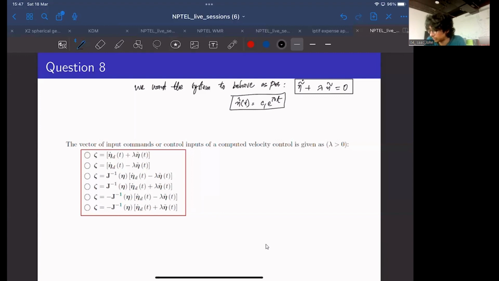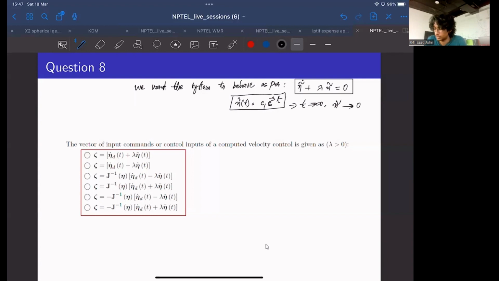So this is how we would want the system to behave, or in this case, it won't be this lambda. There will be some minus st. This is how the system would behave, and we want the system to behave like this as per this differential equation, so that as time tends to infinity, eta tilde would tend to 0.